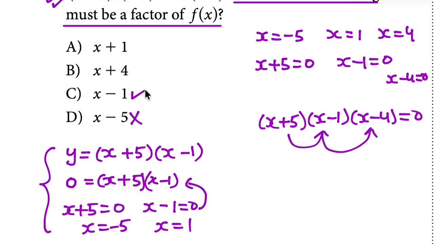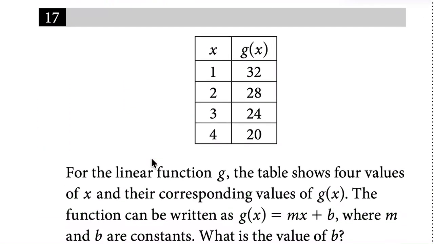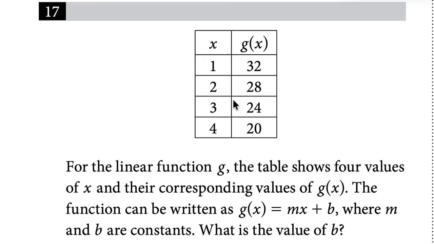So yes, x minus 1 is there. That is a wonderful question, both in terms of concept and in terms of how the options are made. They are here to trick you, so be careful.